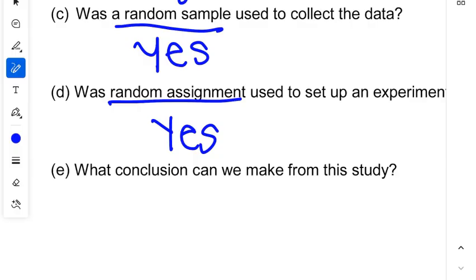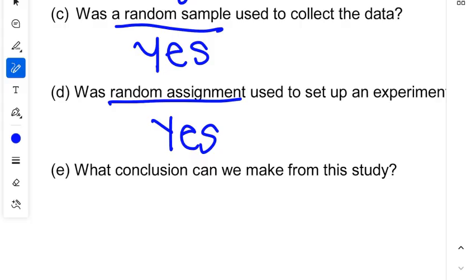What did you write? Yes, a conclusion can be made because of inferences about the population. Yeah.